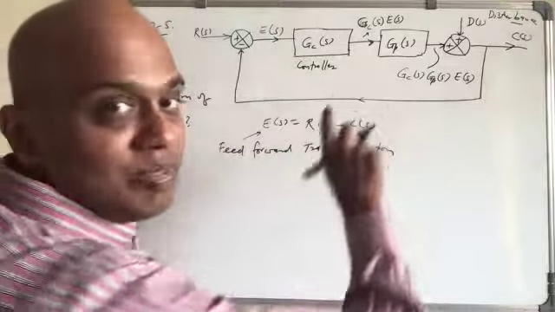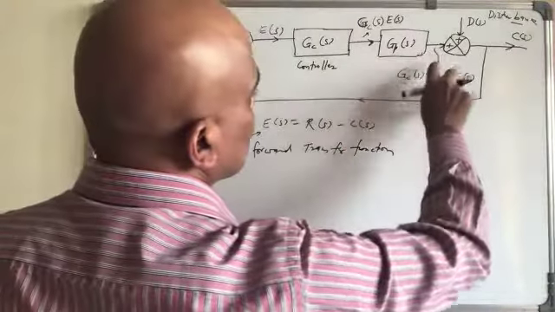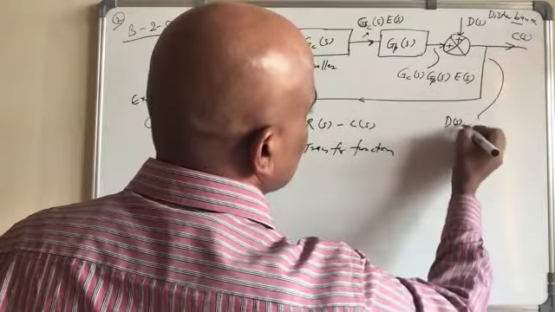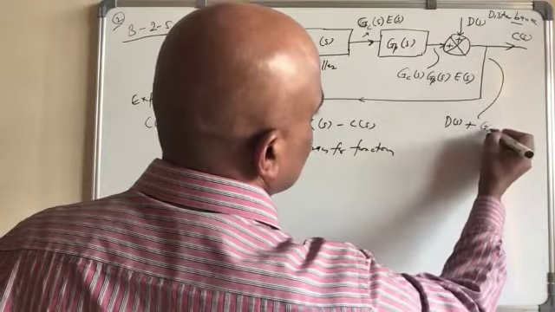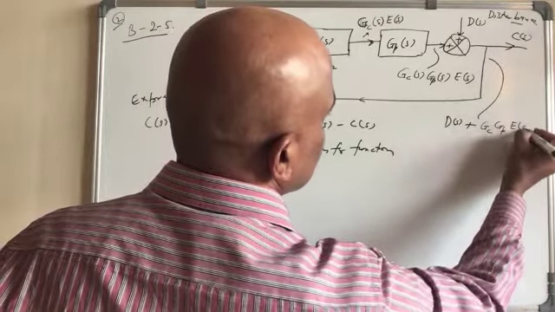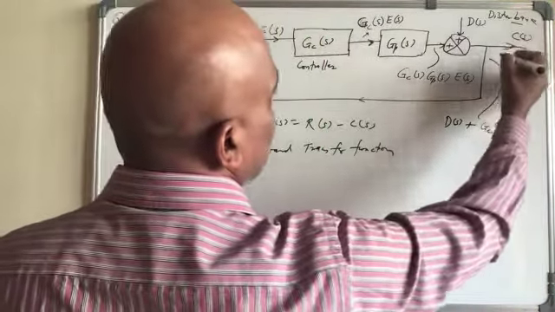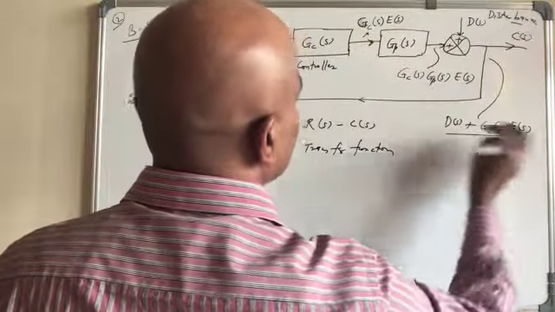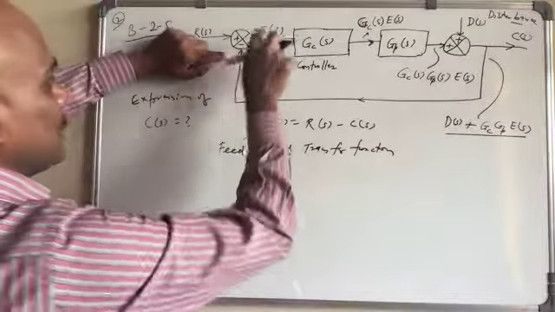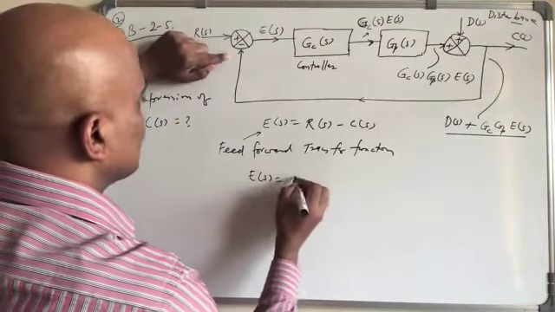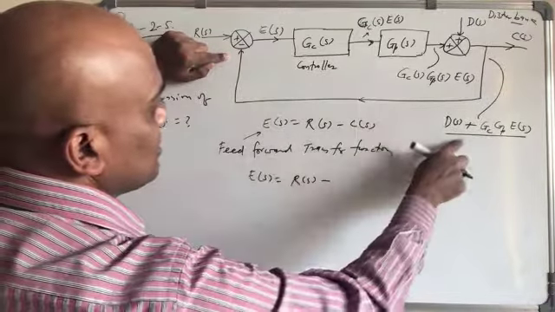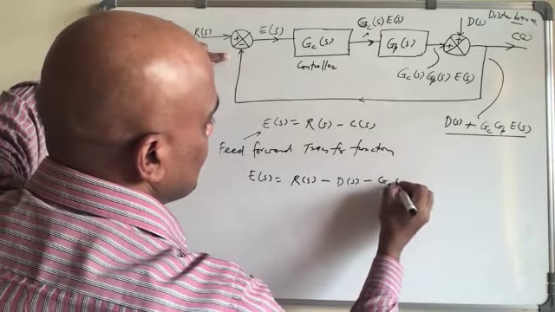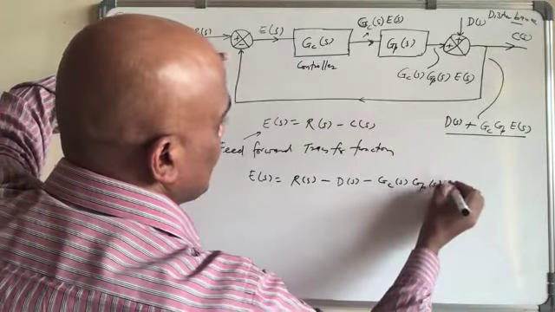Okay, so we have this one so far, and then this one becomes DS plus GC times GP times ES, right? Because you are also adding this. Then it comes back here, and ES becomes RS minus this, minus DS minus GCS, GPS and ES.